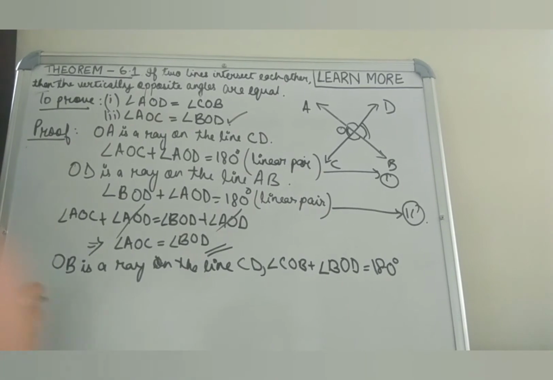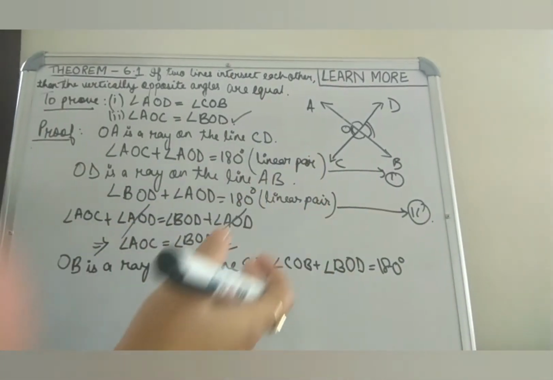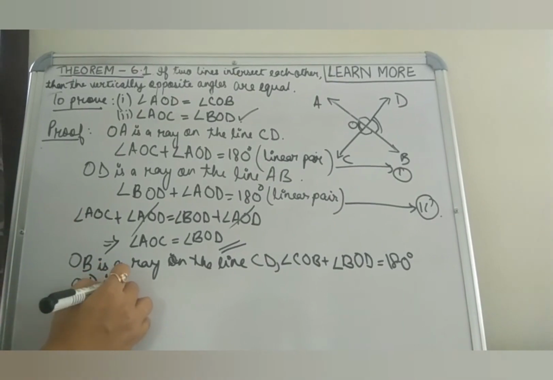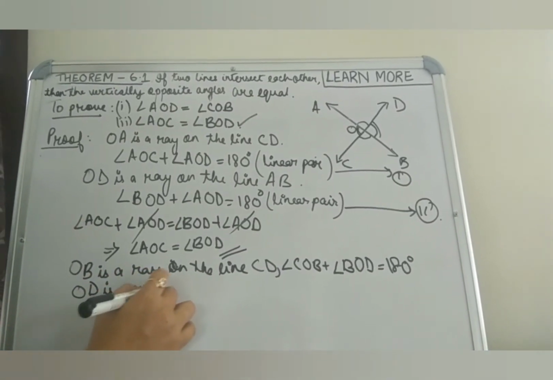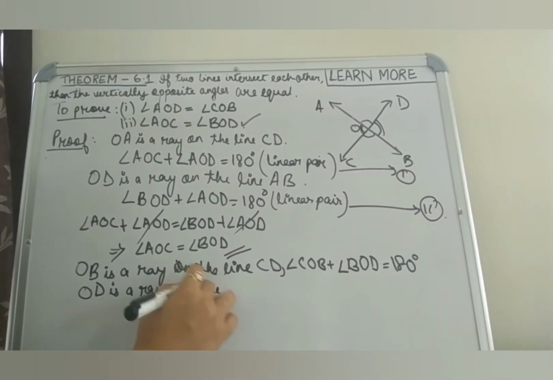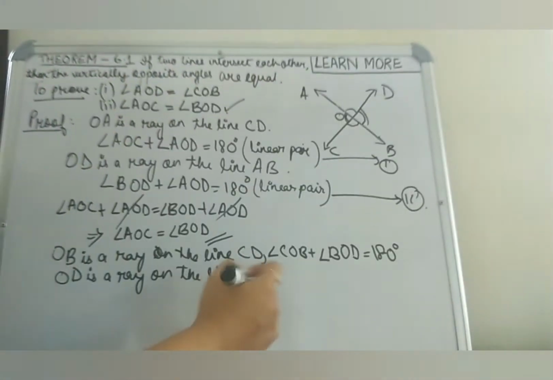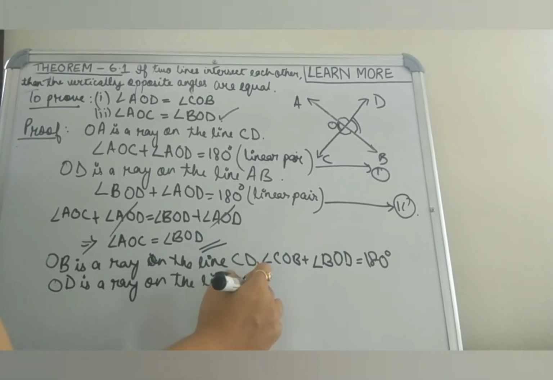Then again similarly, if we take another ray, that is OD as a ray on the line AB, what we get?